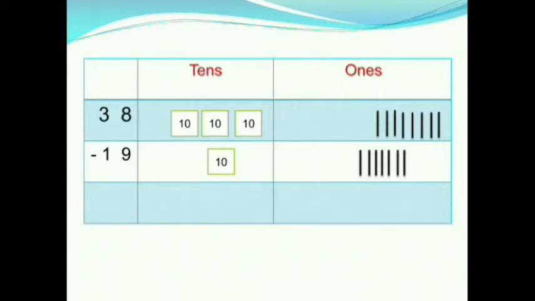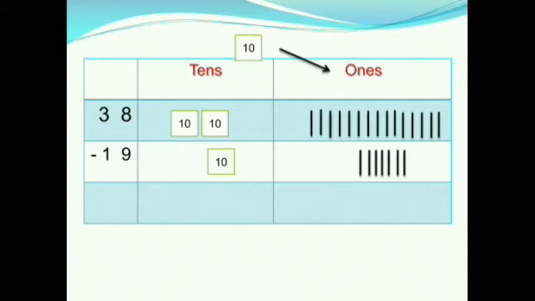Children, now we should subtract 19 from 38. First we should subtract units place digits. They are 8 and 9. 9 cannot be subtracted from 8. Hence borrow 1 ten from tens place to units place and change into 10 units. Now there are 18 units.